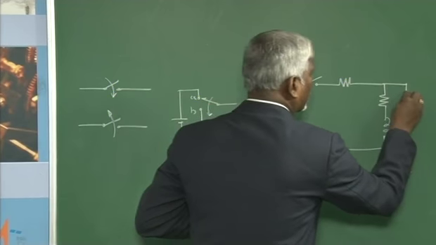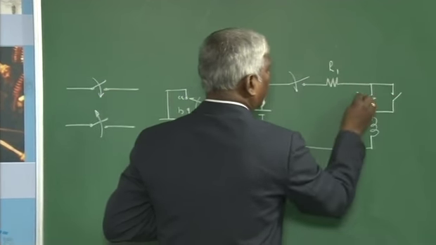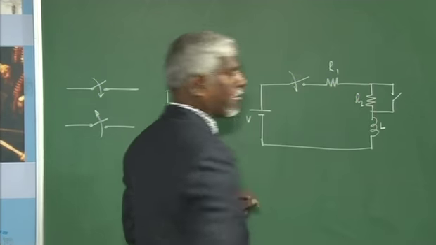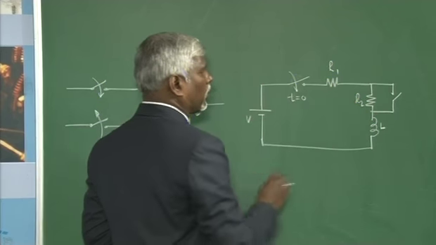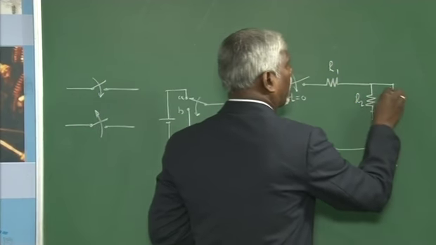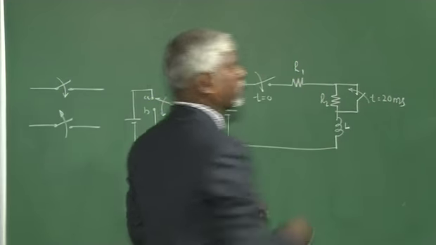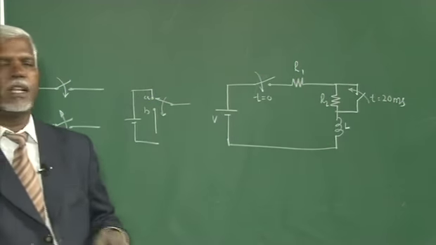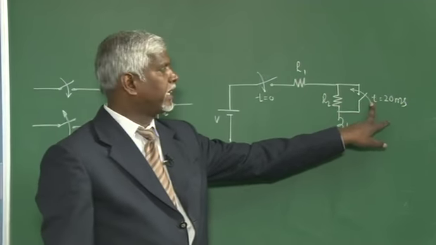I have another switch across a resistor. This will be R1, this will be R2, this will be L. Let me assume that this switch is closed at t equal to 0 and this other switch will be closed at t equal to 20 milliseconds, after some time.